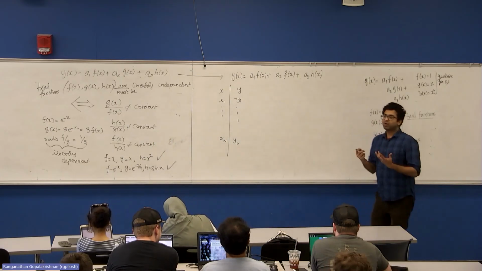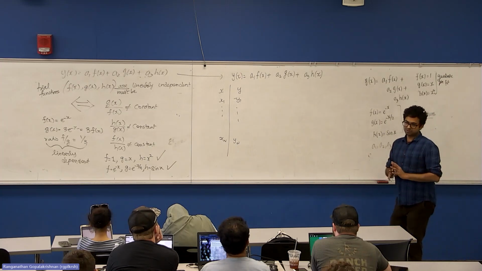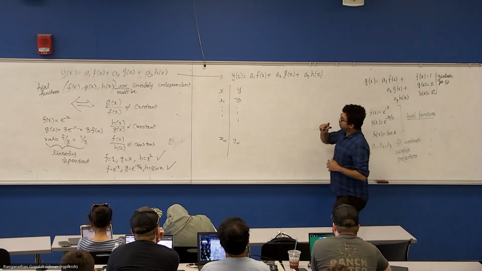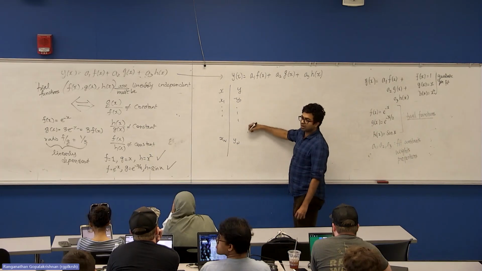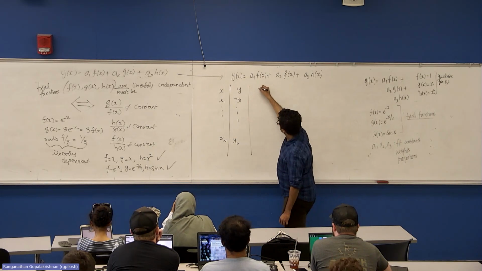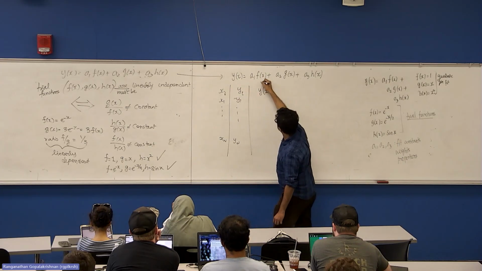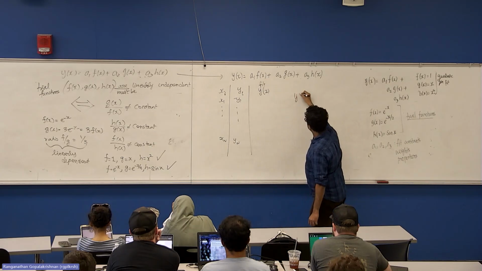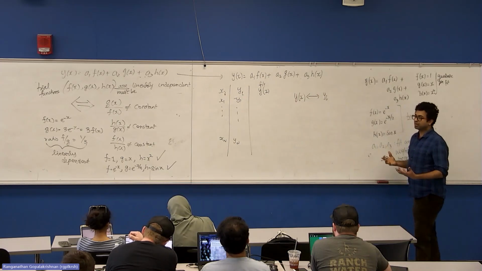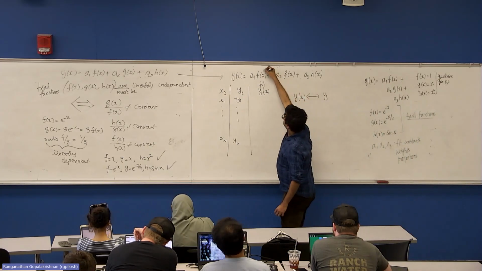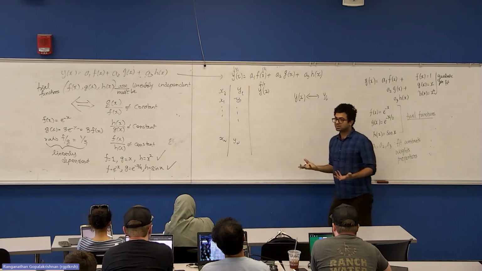What is the attribute or requirement of a fit? What do you say a fit must basically do as the first thing? Represent the real data values. Whenever you have y of x, this is yi, this is xi, this is the fit. Y of x is similar to yi. That's the first requirement. In other words, if you substitute xi here and yi here, this equation must be satisfied.